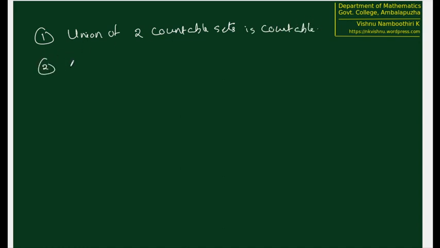So to summarize, we have these three results. One, the union of two countable sets is countable. Two, the union of finitely many countable sets is countable.